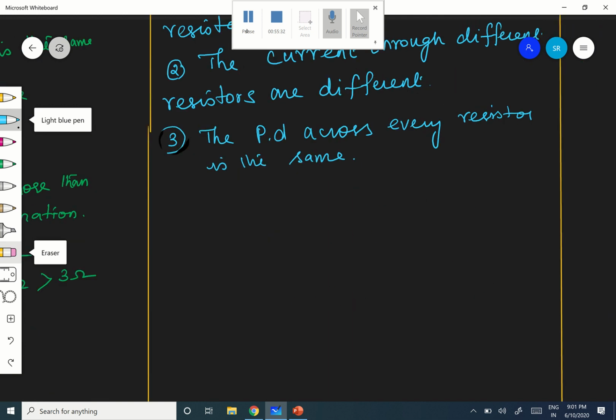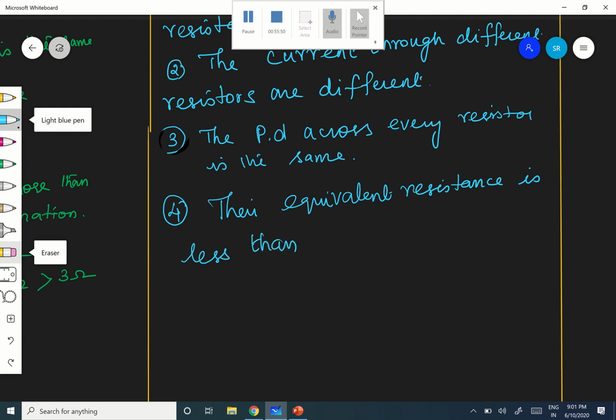Therefore, their equivalent resistance is less than the least resistance in the combination.